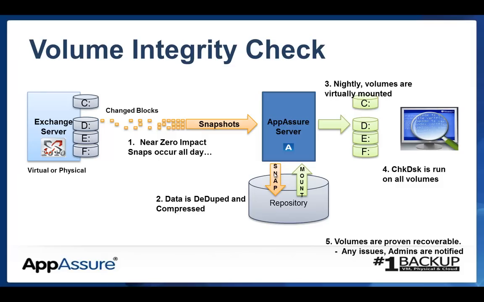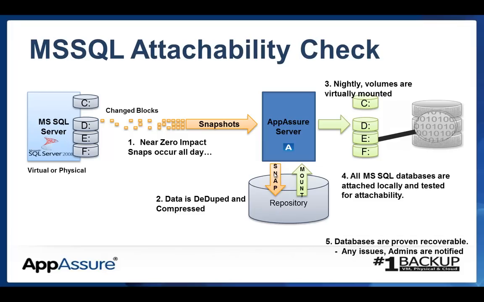So we know that everything is in good health. If something pops up that isn't supposed to be there, we're going to send a notification. Otherwise, we give it a little green check, and now you know at that point in time, your volumes can be restored as a whole. You can restore that data. There's no question anymore.